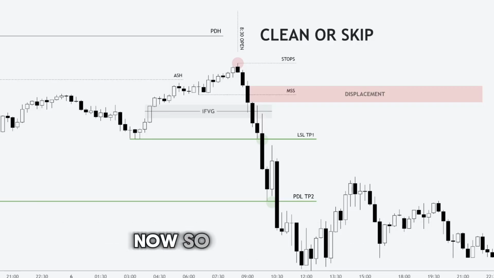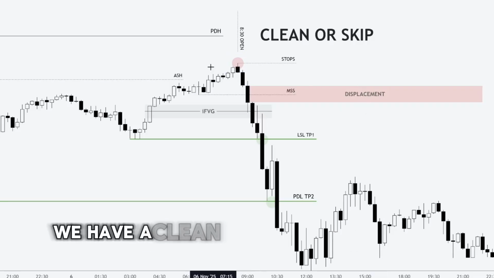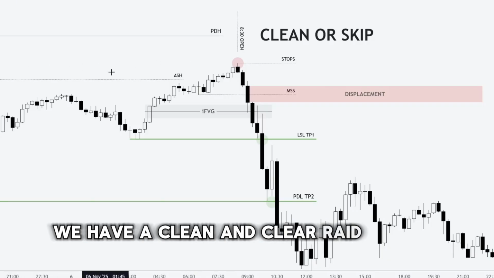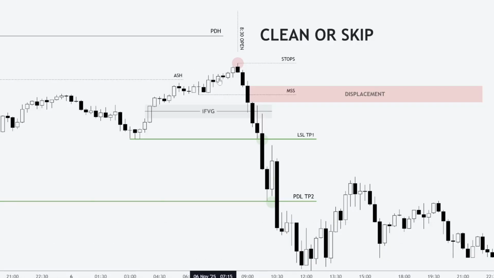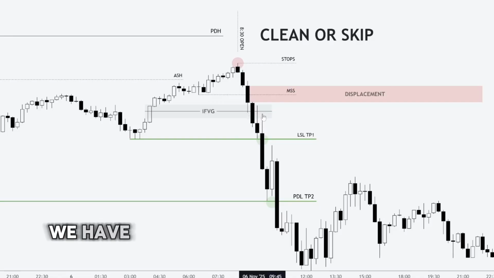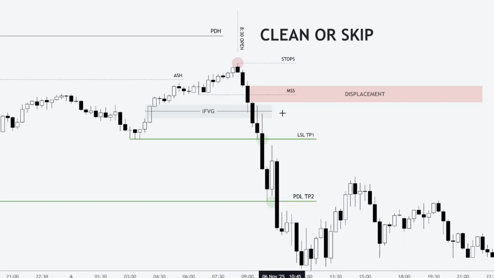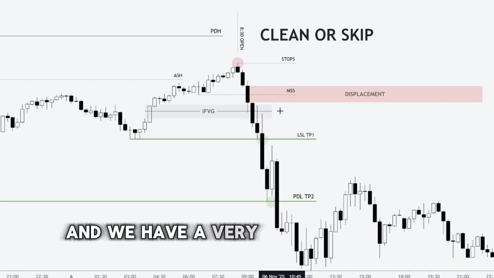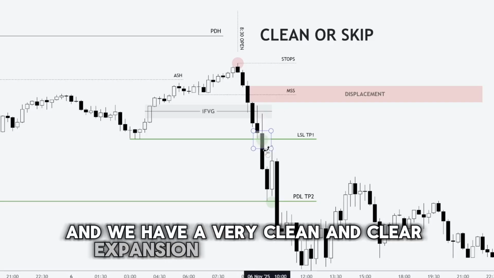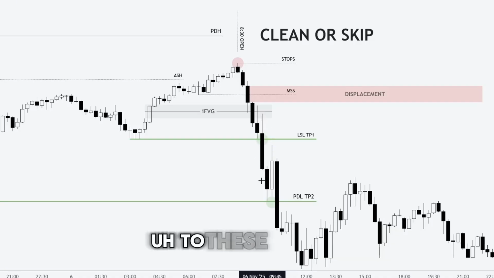Now, in our example, we have a clean and clear raid of this liquidity. We have a clean and clear displacement. We have a clean and clear retracement into a PD array. And we have a very clean and clear expansion and run to liquidity to these targets.